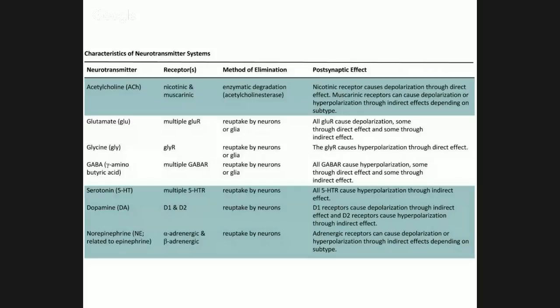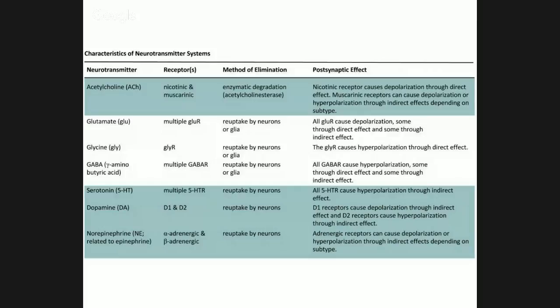Both of those things cause depolarization. I just can't remember how common one versus the other is. It depends on the particular receptor. So again, those are all amino acids. GABA is a slightly different type of amino acid, but it's still an amino acid. It's an abbreviation by itself.